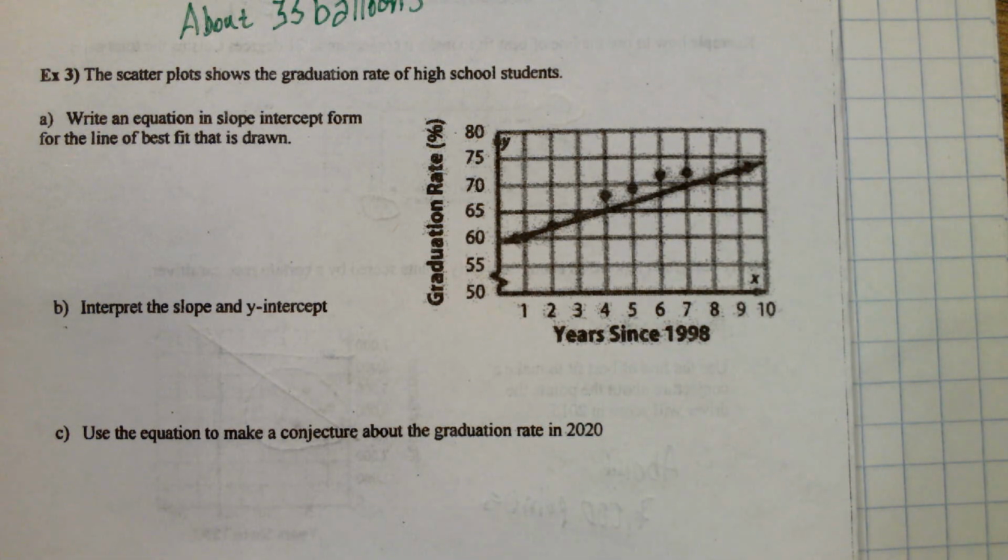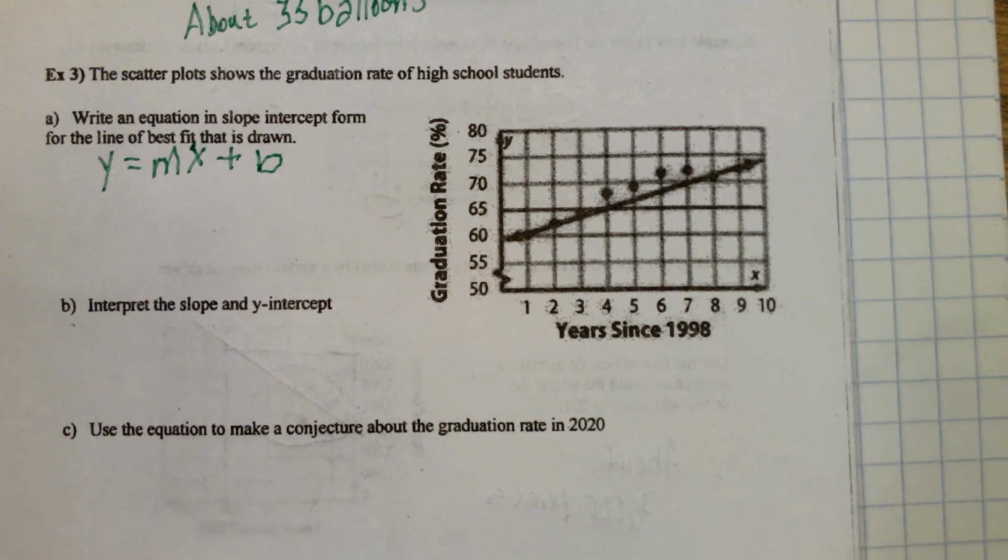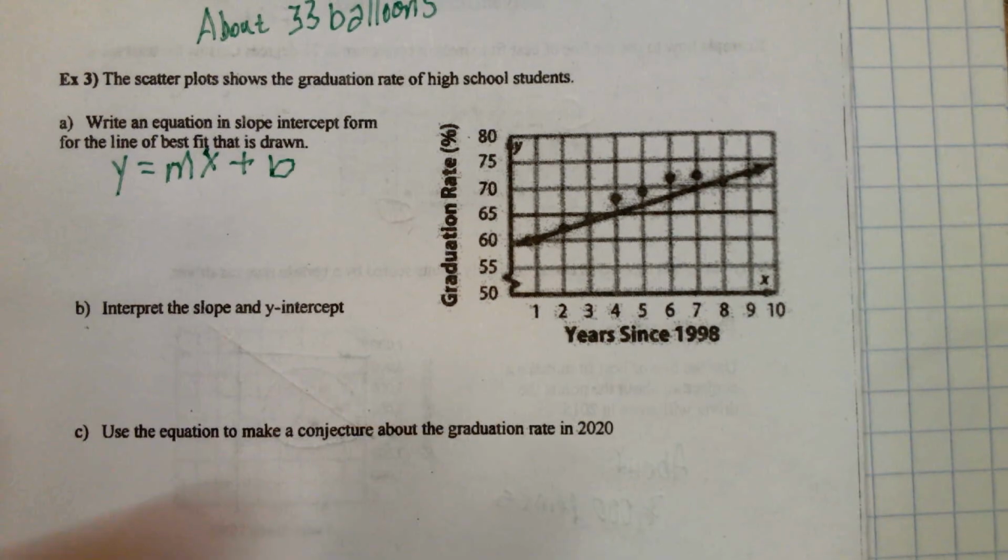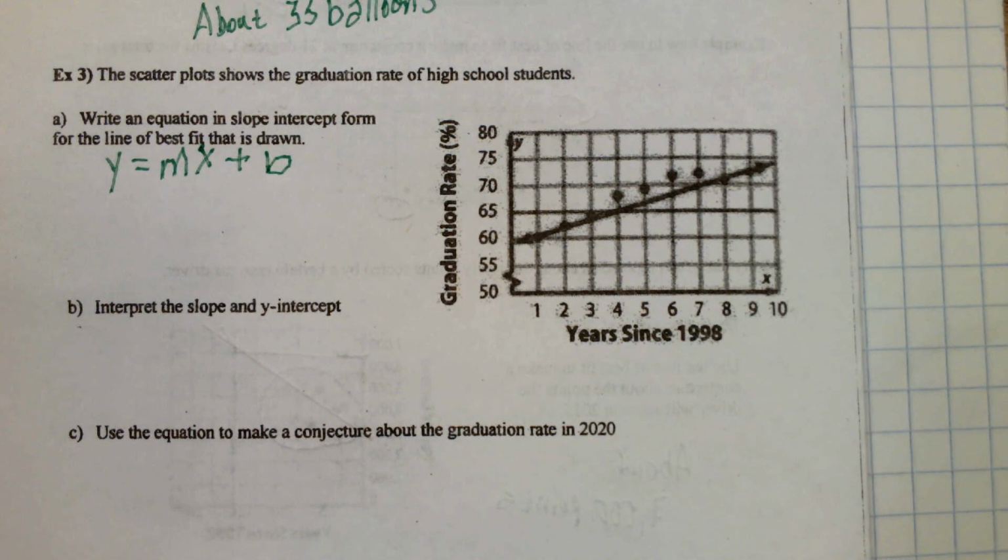Okay, so slope-intercept form. That tells me y equals mx plus b. Okay, so we're back to what we were doing last semester. We're writing equations. We need 2 pieces of information, right? We need a slope, and we need the b, the y-intercept.